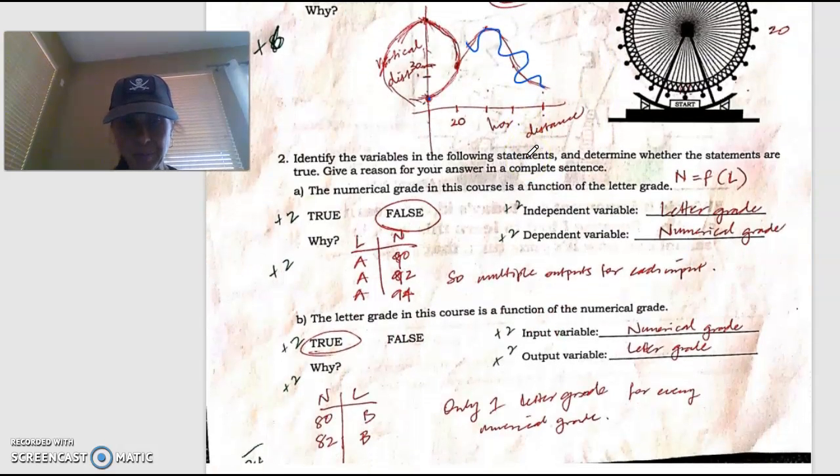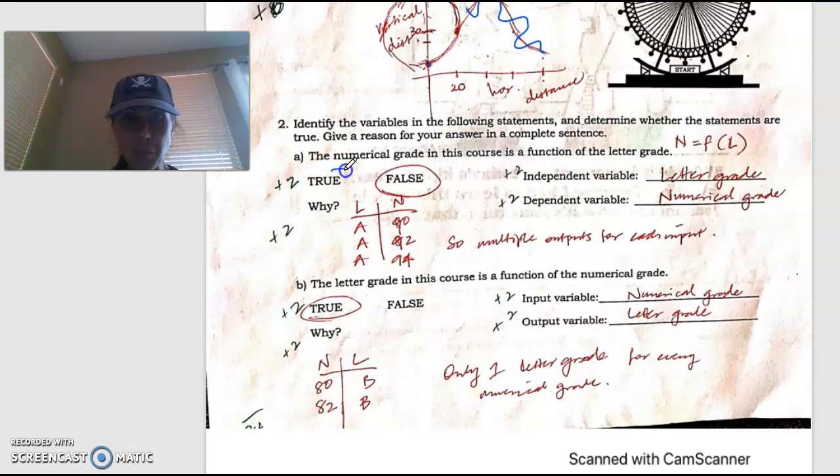Question 2. Is the numerical grade a function of the letter grade? If the statement is true, then you must show why. Notice in a function question, numerical grade must be my output because it says is a function of.